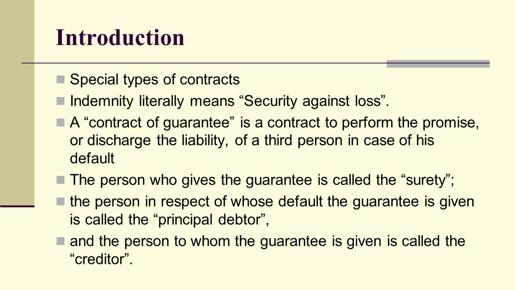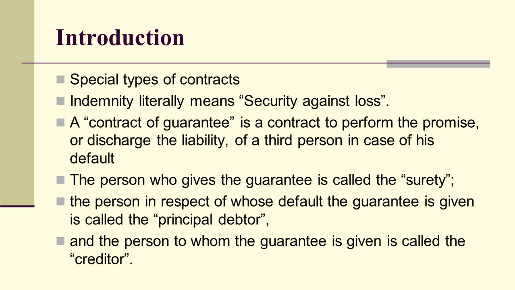Next is the contract of guarantee, a contract to perform the promise or discharge the liability of a third person in case of default. It means that in the contract of guarantee there are three parties.